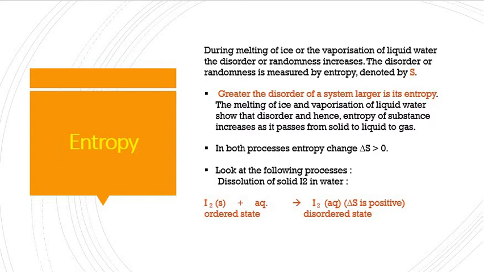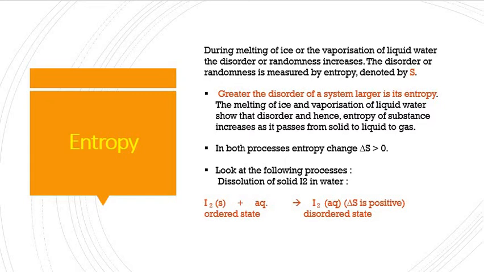So we can say that during melting of ice or vaporization of liquid water, the disorder or randomness increases. And the disorder or randomness is measured in terms of entropy, which is denoted by capital S. The greater the disorder of the system, the greater its entropy.